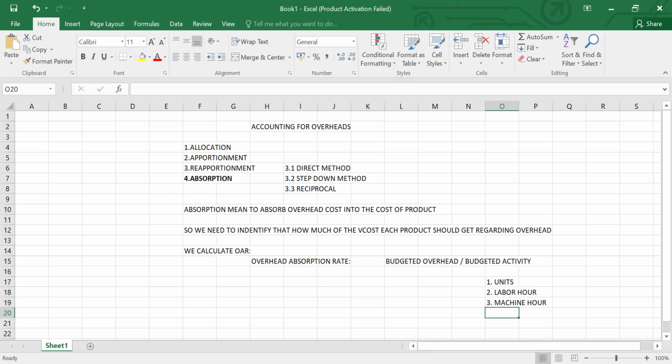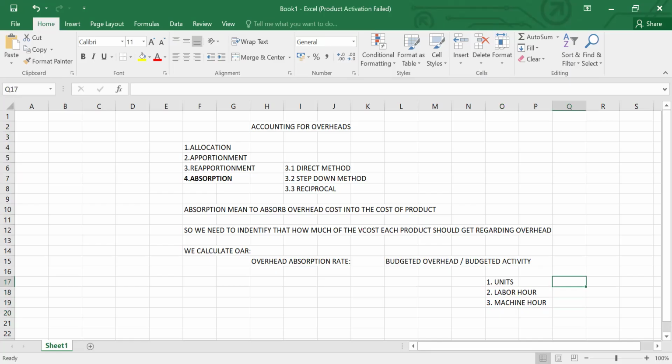Budgeted activity is the work that is consuming these overheads, due to which these overheads are being incurred. So budgeted activity can be the units that the department is producing, the labor force that is working in that department, or the machine hours used with the machines to produce the units. These three are the major budgeted activities that we use to calculate the overhead rate.